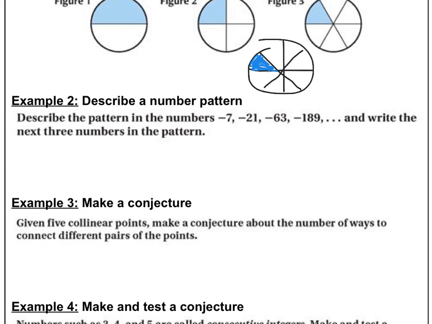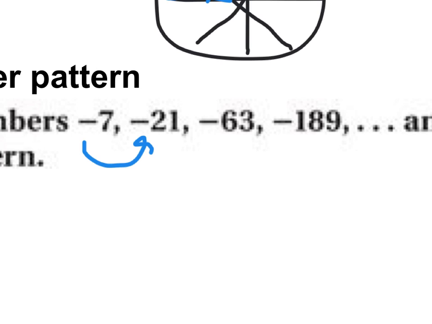All right, take a look at example number 2. Describe the pattern in the numbers, and then write the next 3 numbers that you would see. I like to do what I call the little loop-de-loop method. Make a little loop and figure out what we did from -7 to get to -21. Hopefully you realize that 21 is a multiple of 7, three times, so we multiplied by 3.